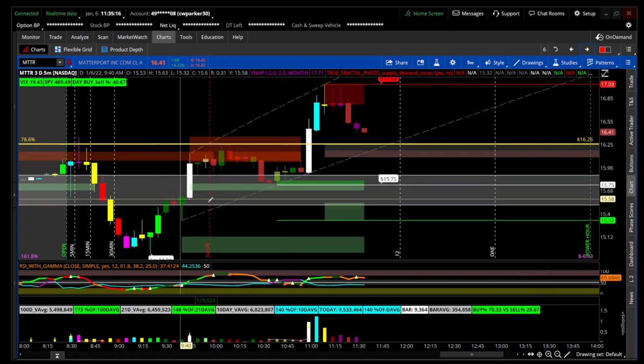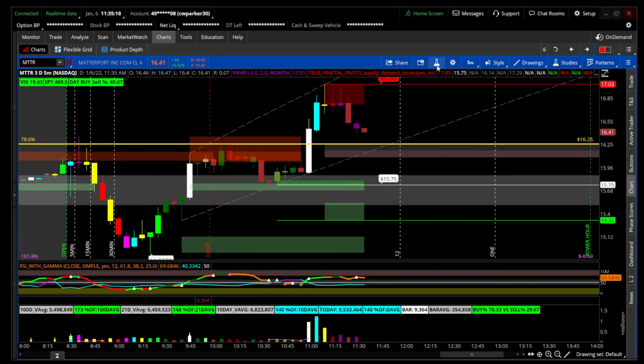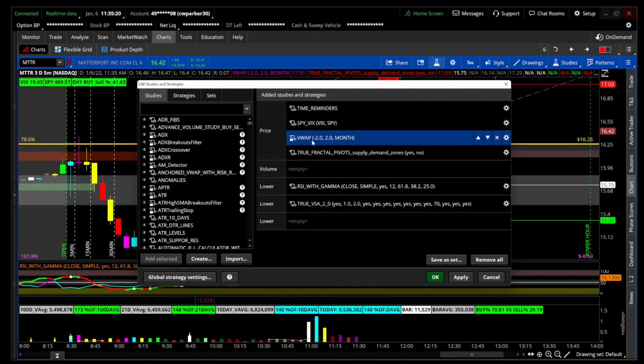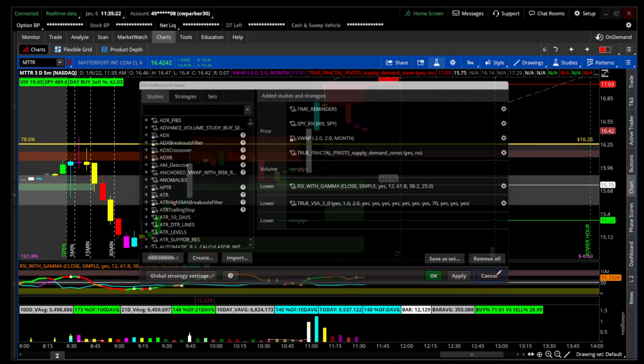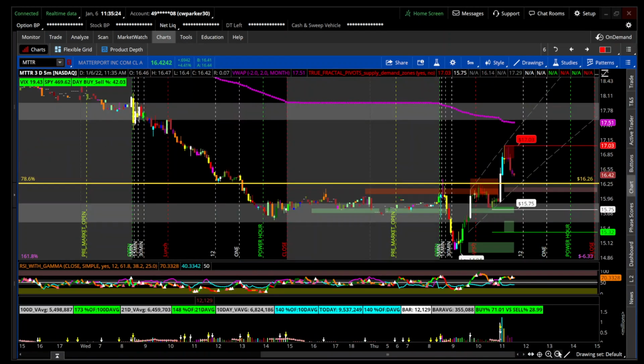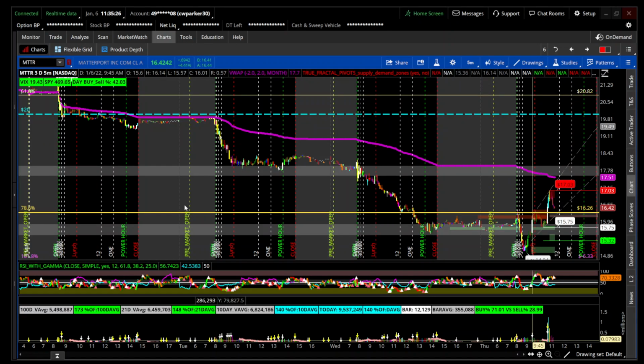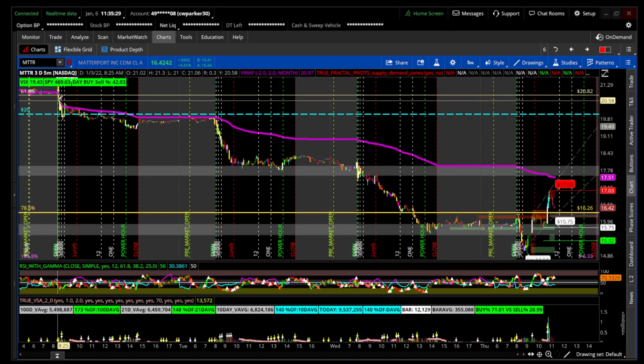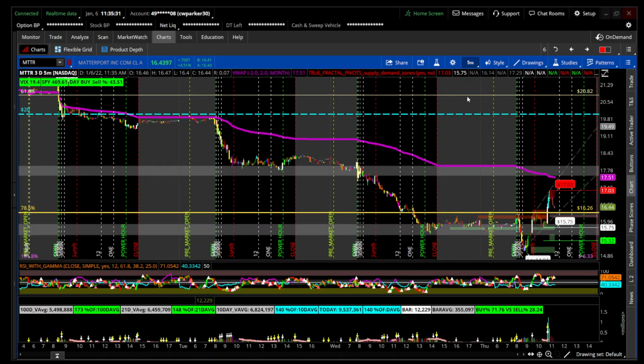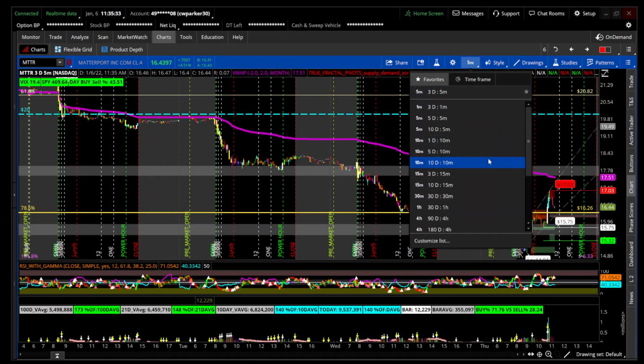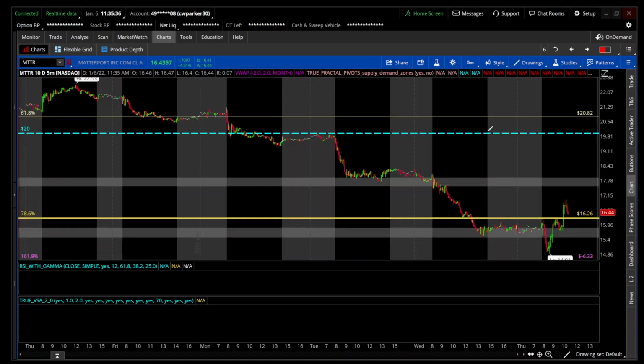I thought I had VWAP on here, but I must not have put it on there. Oh, I have it on monthly. So this started over here, didn't it? Yeah, 1-3. So I actually need to push this to 10 days. 10-day 5-minute.